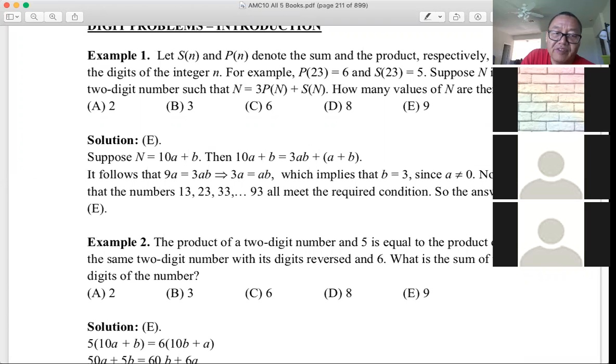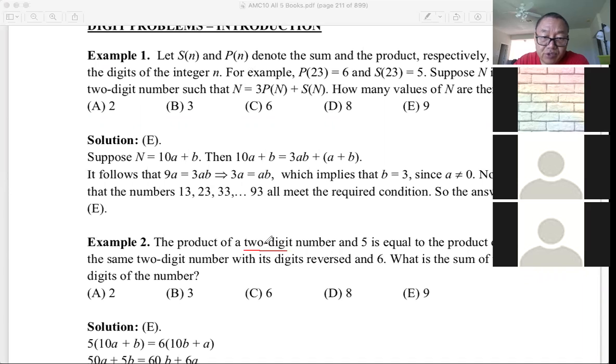What is the sum of the digits of the number? Okay, I'll give everybody 2 minutes. See, this number is still a two-digit number.